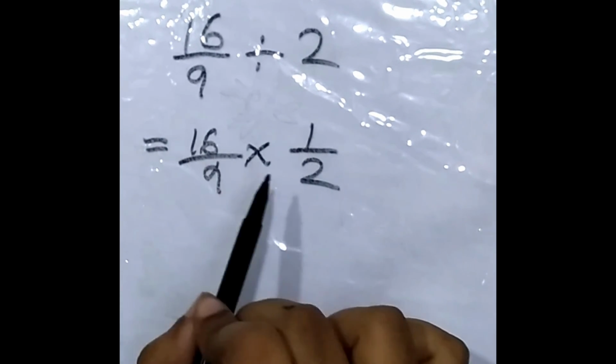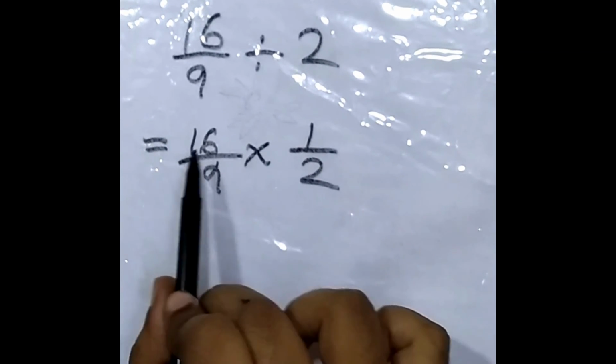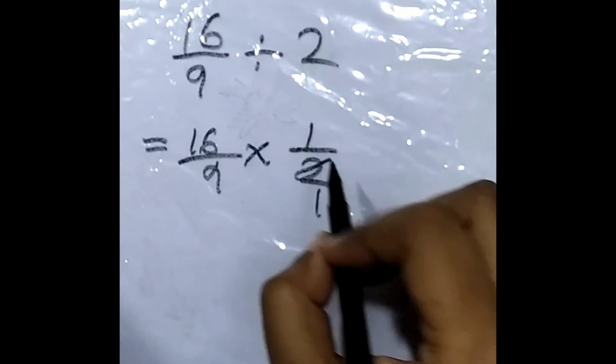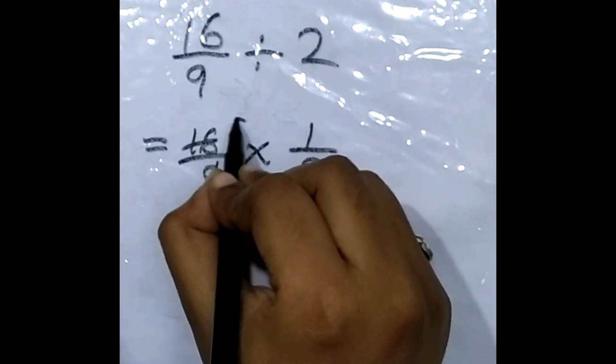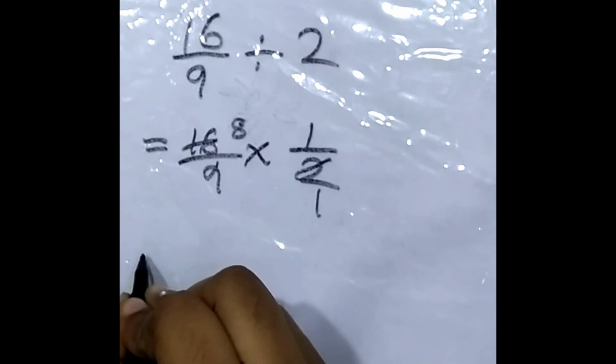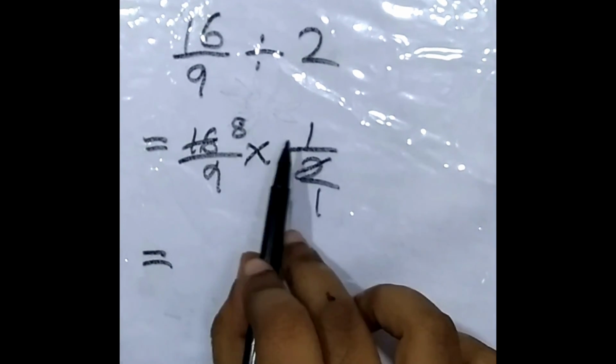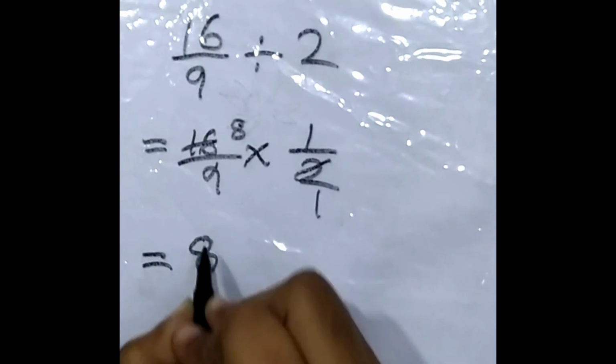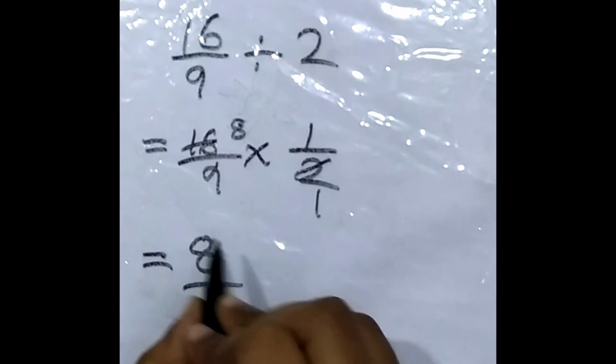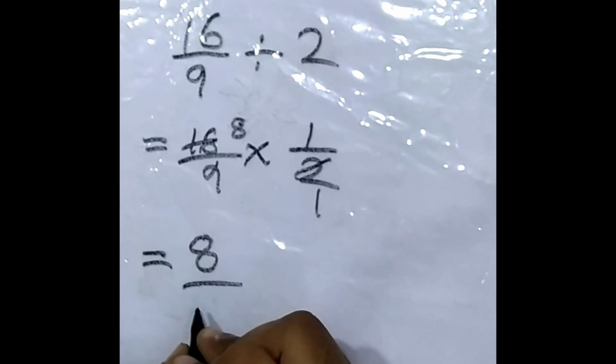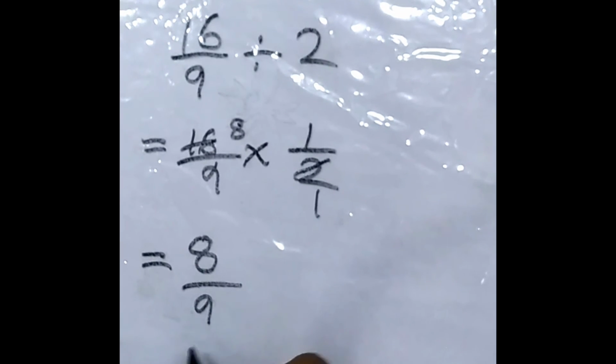So now you can cancel 2 and 16. 2 1s are 2, 2 8s are 16. So what will remain? 8 into 1 will be 8 upon 9 into 1 will be 9. So the answer is 8 upon 9.